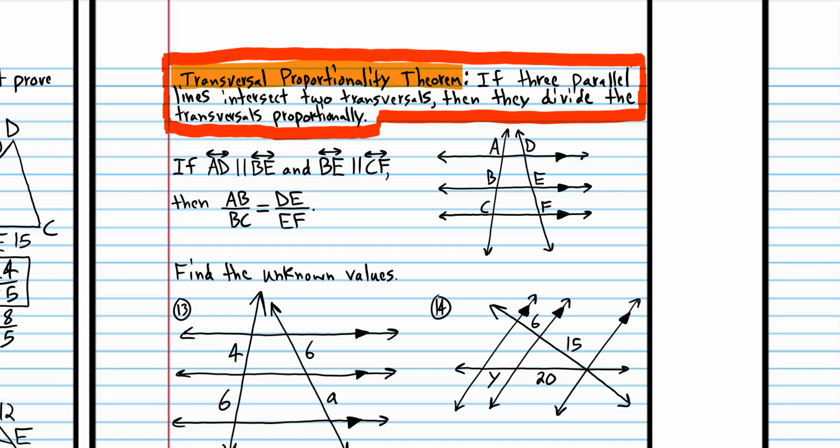So what that means, I know that sounds kind of complicated, is this length divided by this length is equal to this length divided by this length.